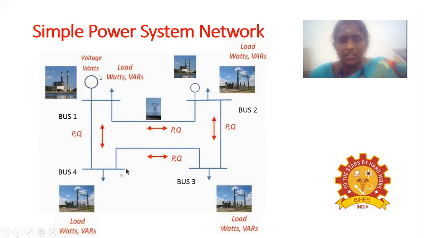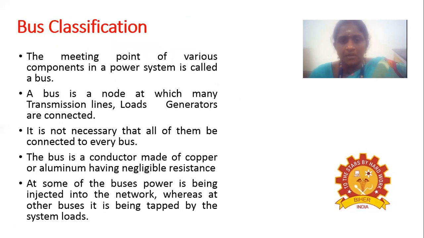In the bus, generating stations, loads and transmission lines are connected. So bus is a node at which many transmission lines, loads and generators are connected. It is not necessary that all of them are connected to every bus.